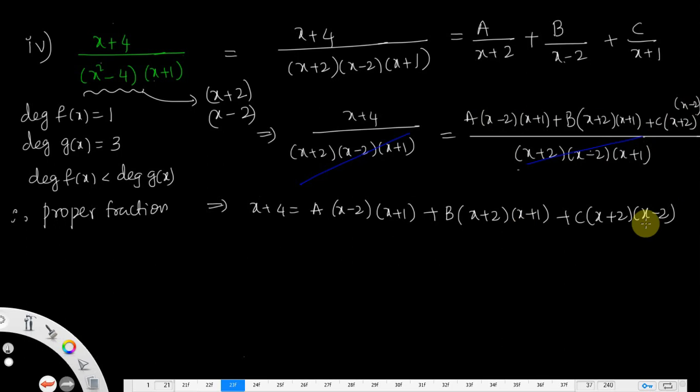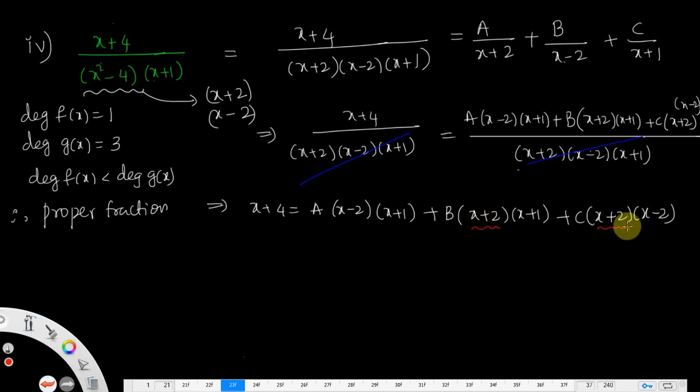So put some basic step, that is, for getting the value of a, by cover up method, putting the values. So b can be 0 and c can be 0. Then we get only the value of a. We observe that b and c both have x plus 2 as a common factor.